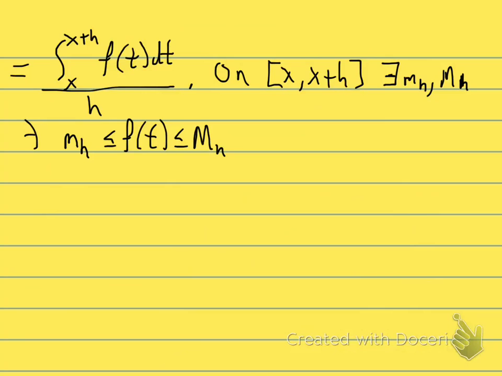We have a preservation property of the definite integral: if I have this inequality for all t in this particular closed interval, then the definite integral is going to follow it.